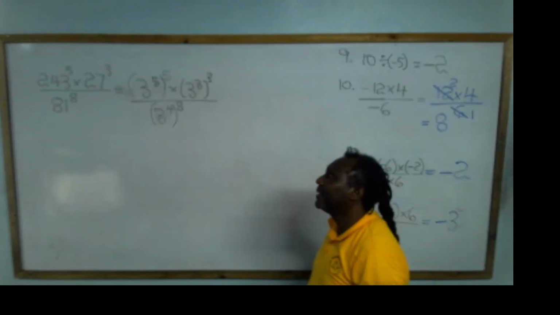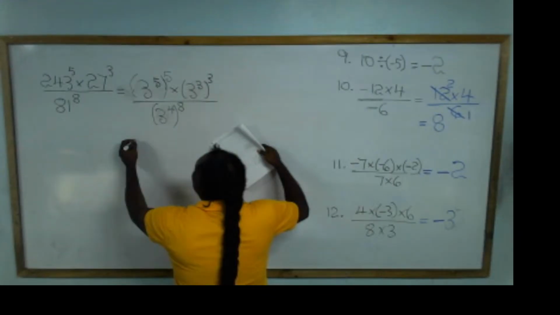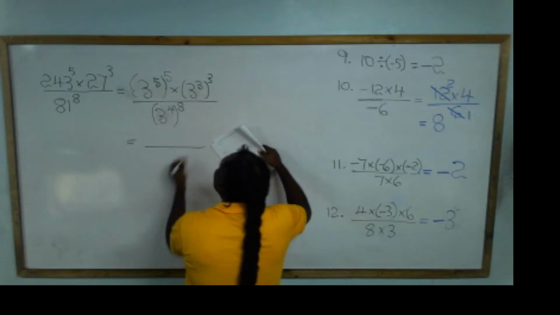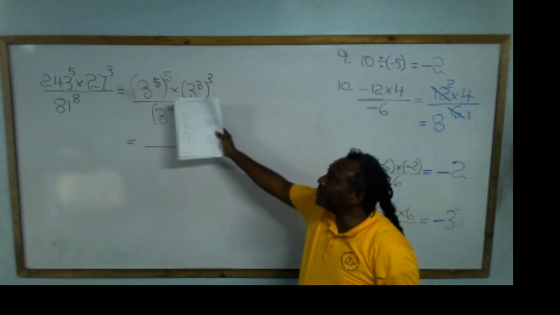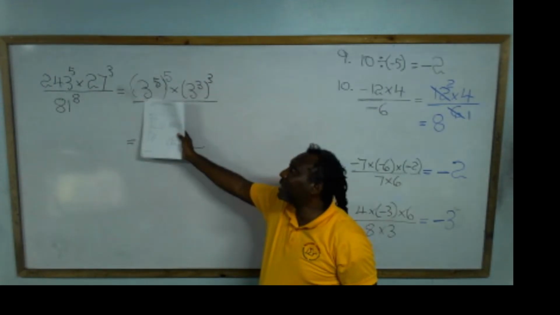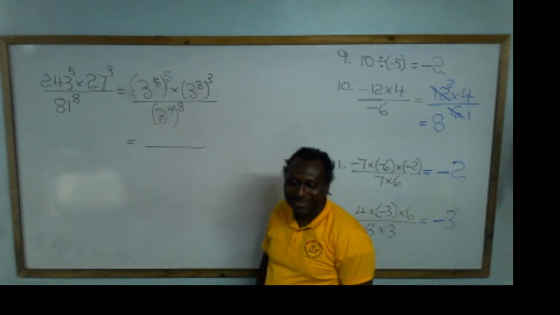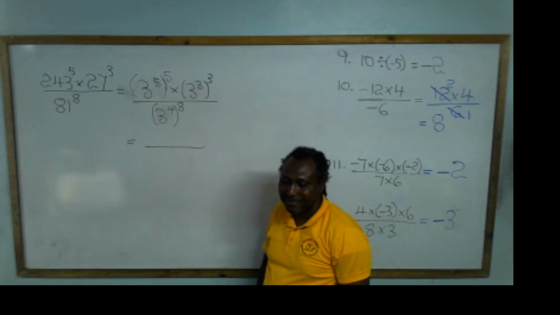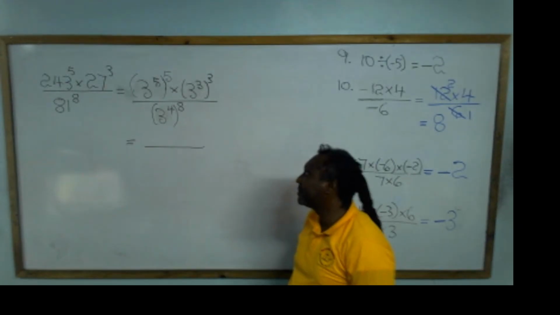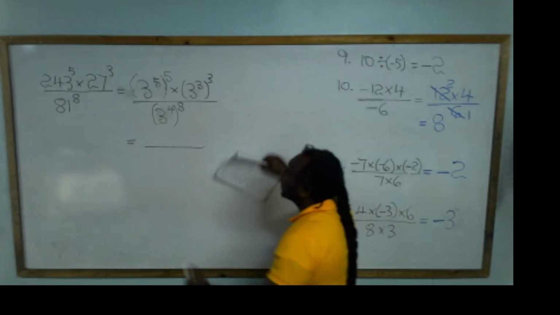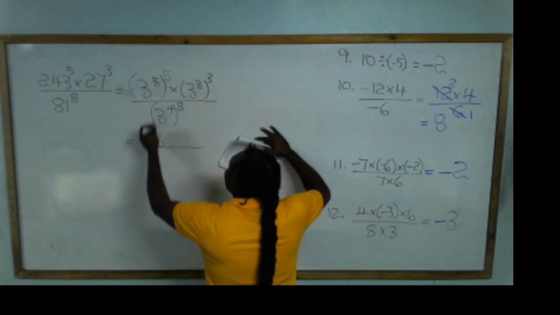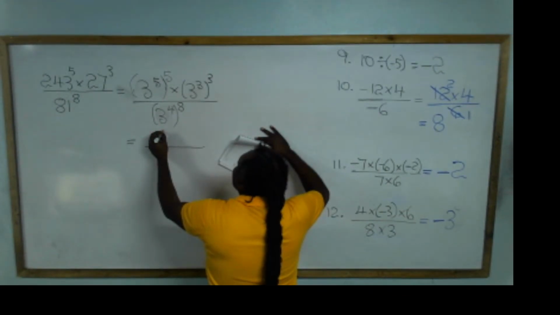And of course, we did our laws of indices that when we have a number with a power raised to another index, we multiply the exponents. So we're going to multiply. So we're going to have here 3 and 5 times 5, 25.